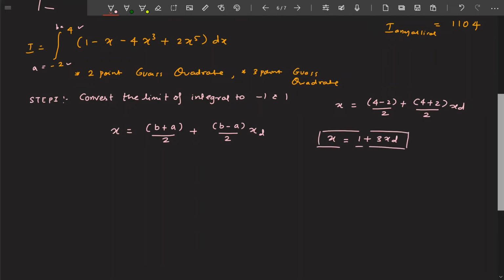Okay, so now let us replace these limits with -1 to 1. To do that, we substitute the value of x in this equation and get the value of xt.